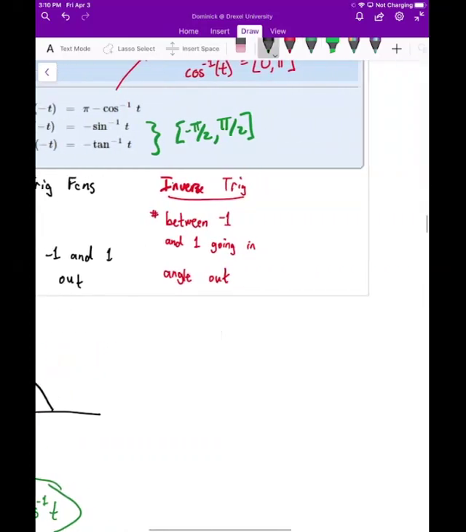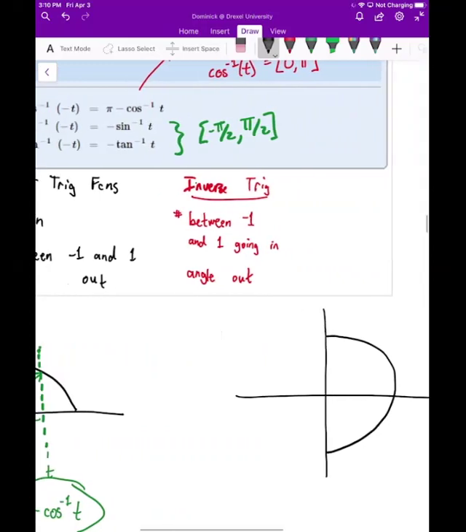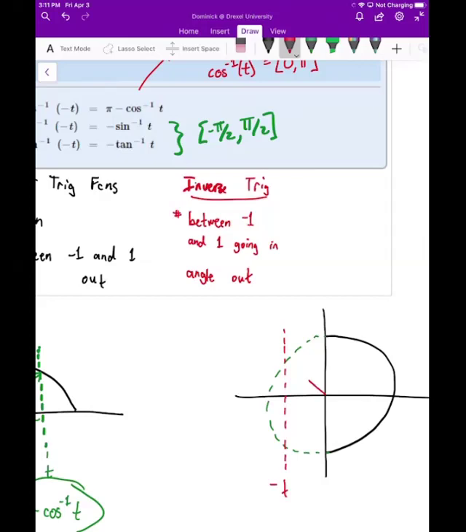Right? And that's the only one that's essentially really weird. If you look at tangent and sine, you're on the right half of the unit circle. So now, if you enter in a negative t value, so let's say that's negative t right here, and this is some angle theta, well, then what's the corresponding value here for positive t?